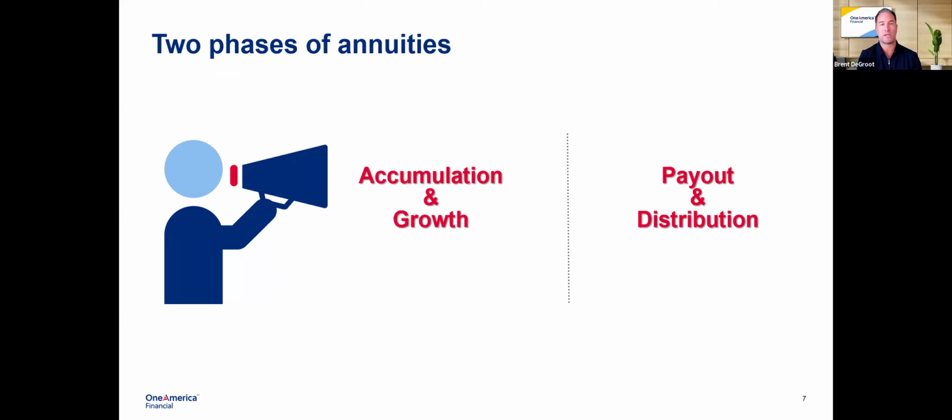They wanted to start these annuities early on in their lifetime and just let them grow over time. Obviously, when it comes time to use that, that's when we start talking about that second phase: payout and distribution. As I said on the last slide, it becomes a tax liability. It's almost a disincentive to use those because of how much gain is now in those contracts.